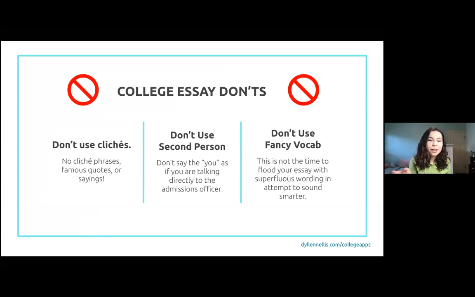Now, college essay don'ts. First of all, you don't want to use cliches. This is like the number one, please don't do this because they don't like this. Don't use a cliche phrase or famous quotes or sayings. So a lot of times I do see when I'm editing people's essays, they use a famous quote from an author or someone significant, which is awesome.